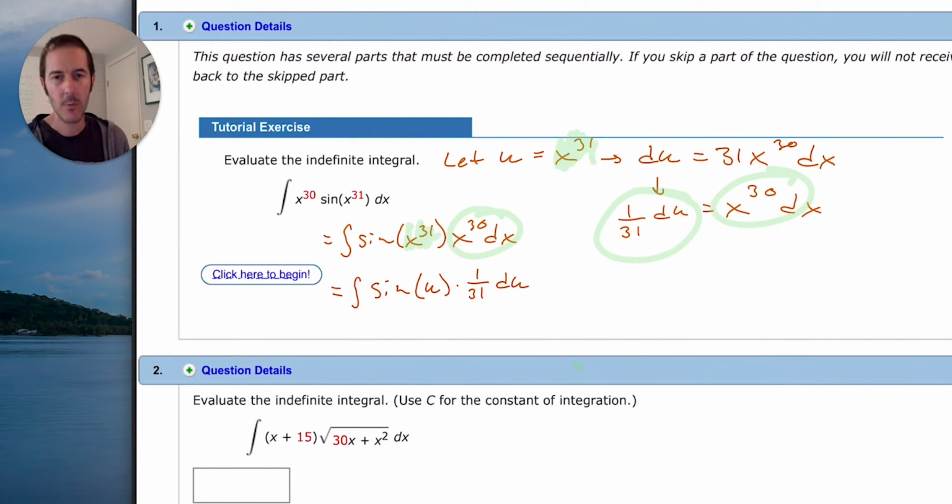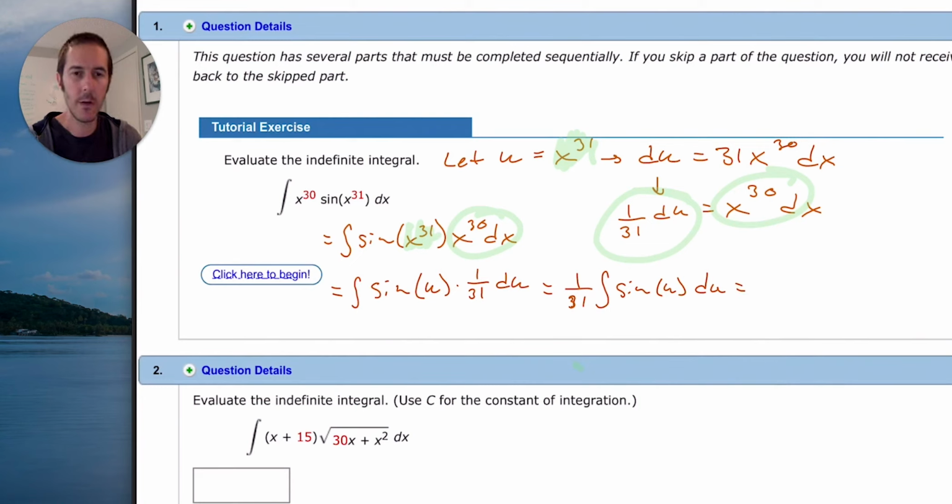The factor of 1 over 31 can be taken outside of the integral, so we could write this as 1 over 31 times the integral of the sine of u du. The antiderivative of the sine function is negative cosine. So there's the negative.